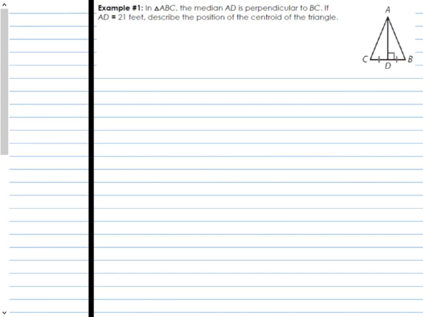Example 1. In triangle ABC, the median AD is perpendicular to BC. If AD is 21 feet, describe the position of the centroid. So AD is 21 feet. Well, the centroid is 2/3 of 21 feet.